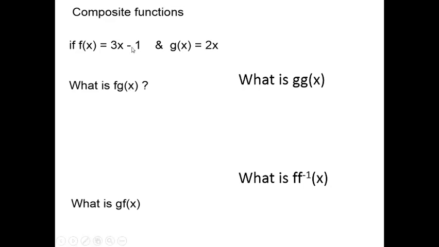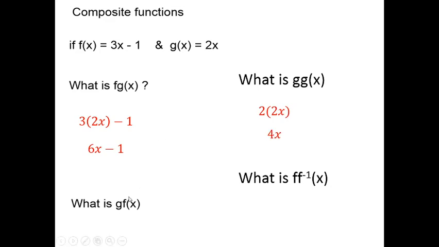I do that function first, so I do 2x, and then I substitute it for this x here. So instead of it being 3x minus 1, it's 3 lots of 2x minus 1, which is 6x minus 1. gg just means I do this twice, so I do 2x and then take this 2x and put it into the value of x. So it gets substituted there, and so that's just 4x.